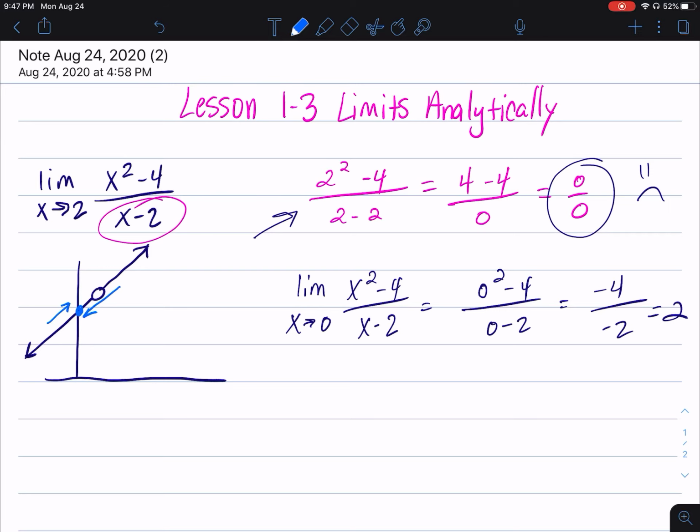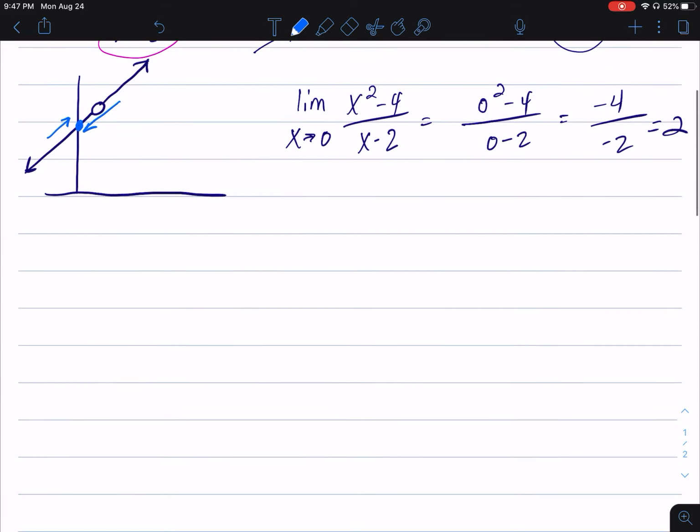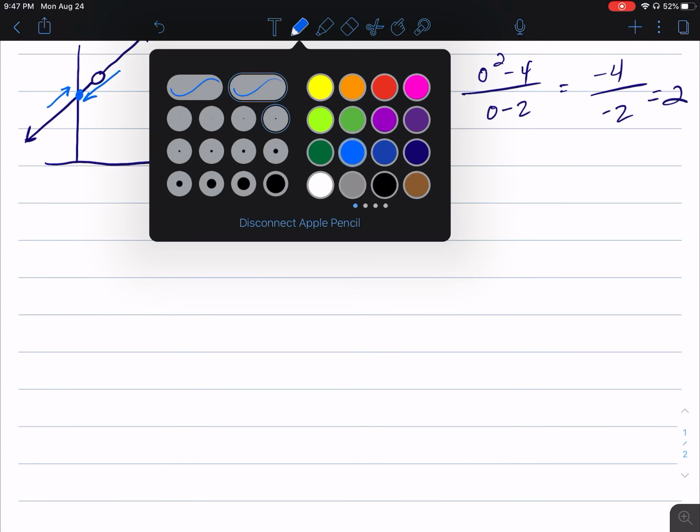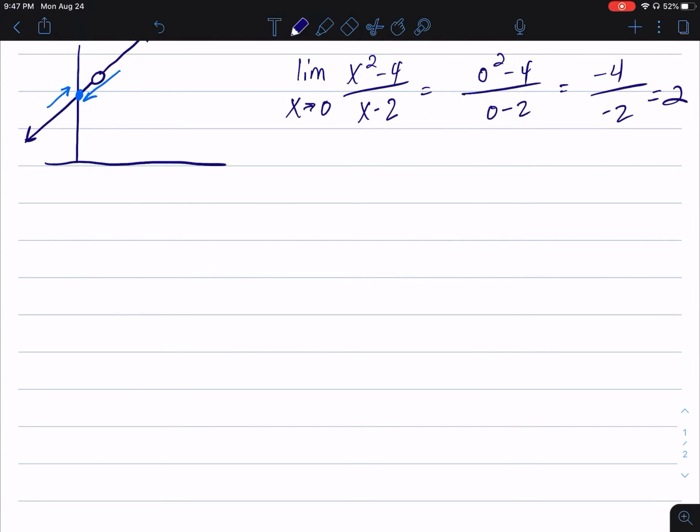Okay? And so this is going to bring us to the first part of this lesson that we're going to cover. And so our first rule, kind of as we're evaluating these limits, is going to be just to substitute.